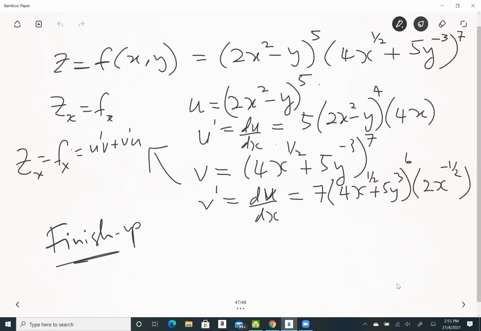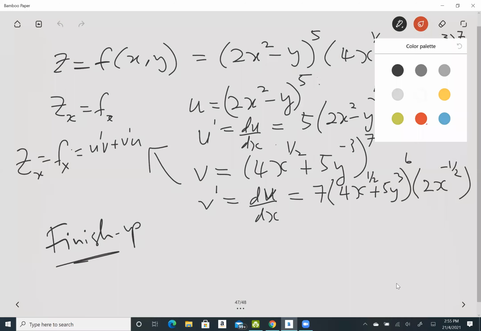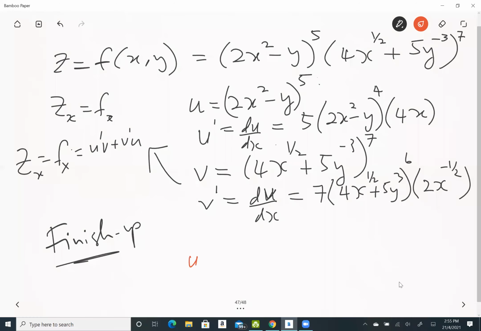The u prime is what? Since you are taking the derivative with respect to y, you write du dy. Not du dx, du dy, because we're taking the derivative with respect to y. So our y prime is du dy.